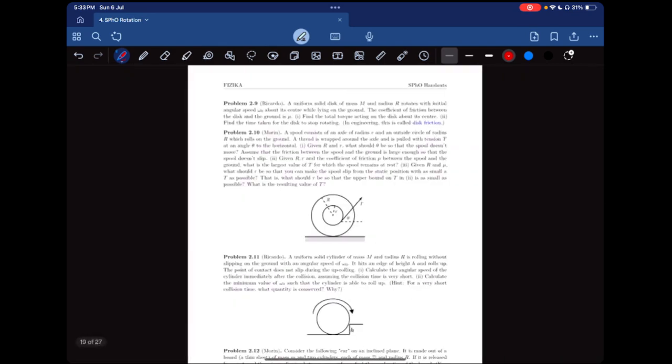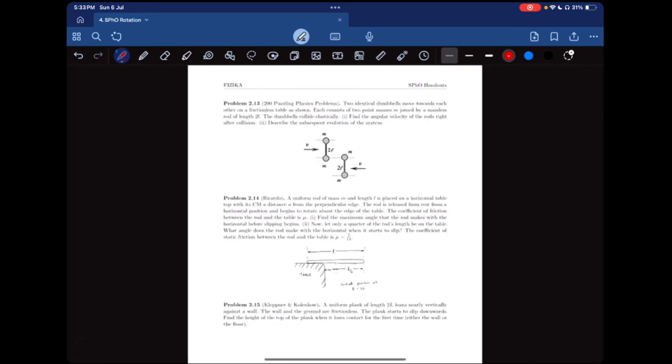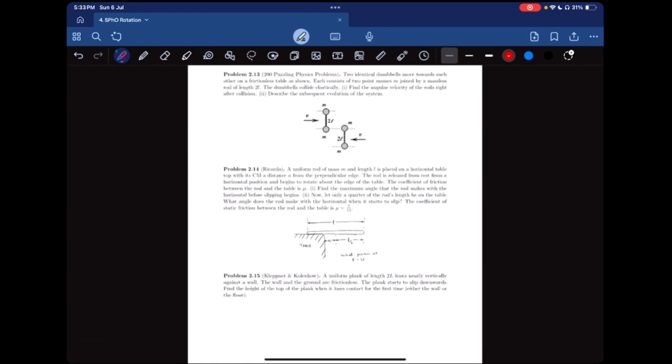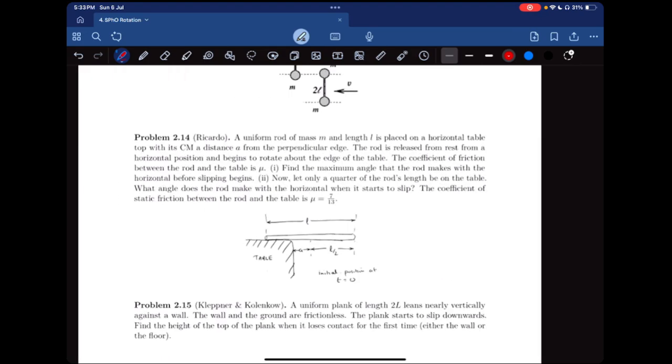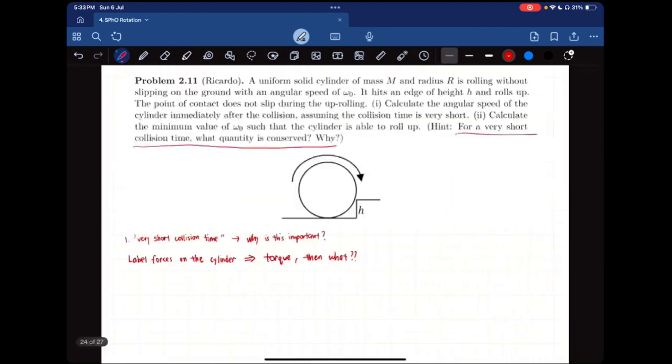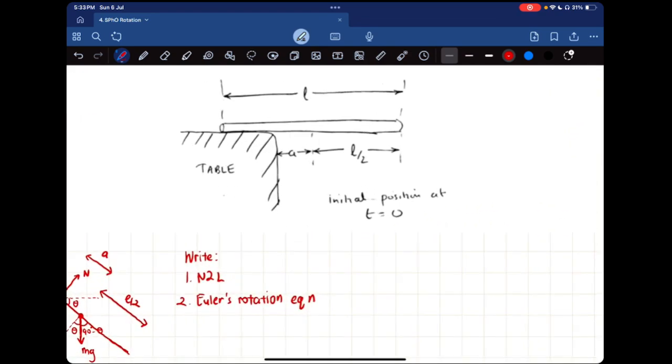We will first do problem 2.14. Yeah, there was a request for this.